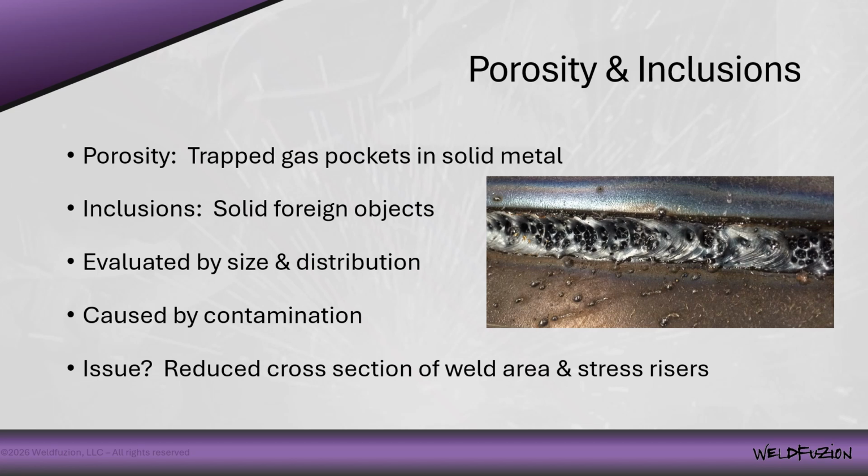And porosity is actually caused by one thing, trapped gases of some sort that come from somewhere, right? In the case of some alloys, porosity is a result of the base metal. Perhaps the material contains sulfur, phosphorus, silicon, and is not a plain carbon steel and thereby may not have good weldability. Okay.